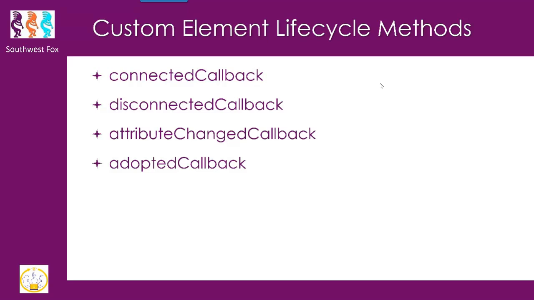So the first one we should talk about is the connectedCallback. And that fires whenever your element has been added to the page. When it's been added to the DOM, this method fires automatically. You can do all kinds of stuff in the connectedCallback. What you would typically do in the constructor is, the first thing you want to do is call super. And then if you're going to create a shadow DOM, you want to attach the shadow and all that stuff.